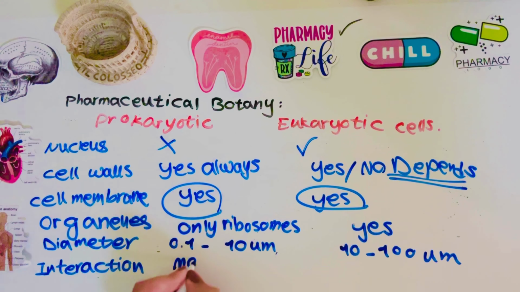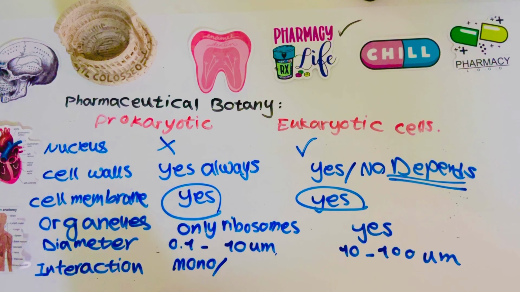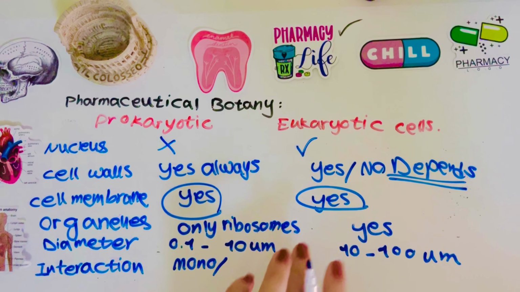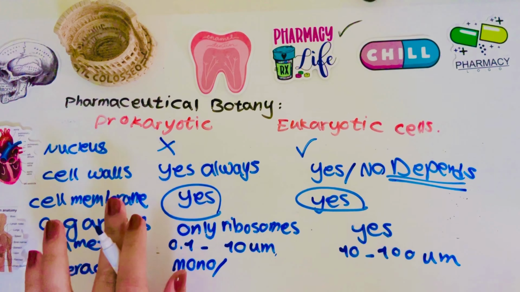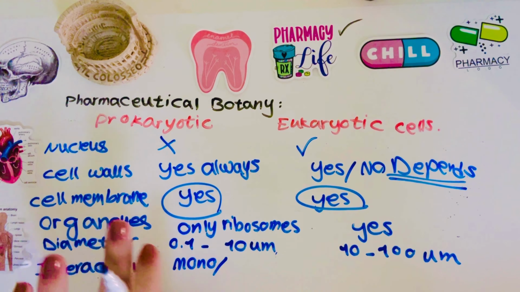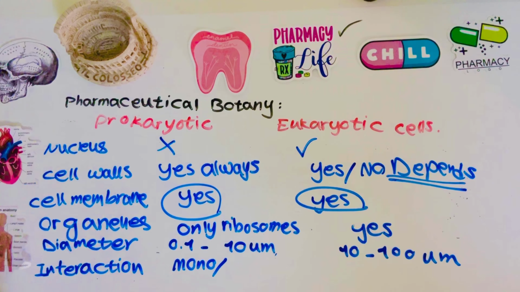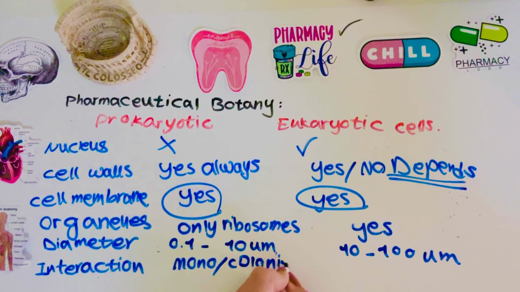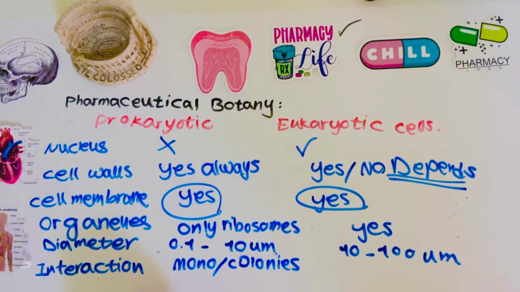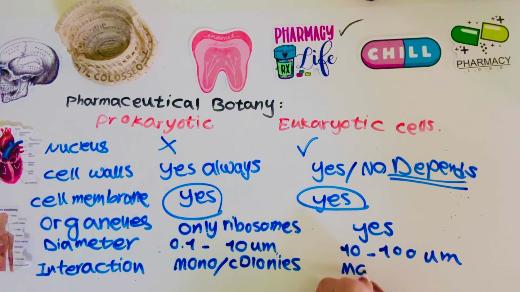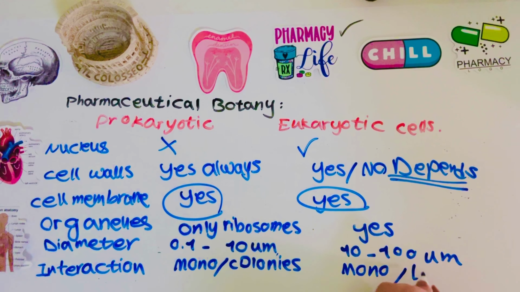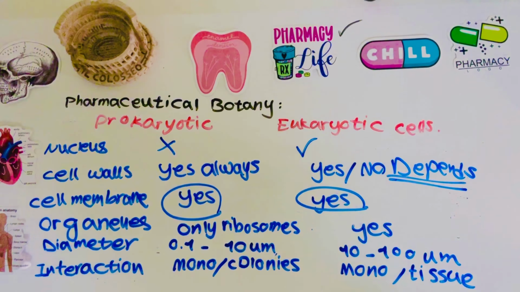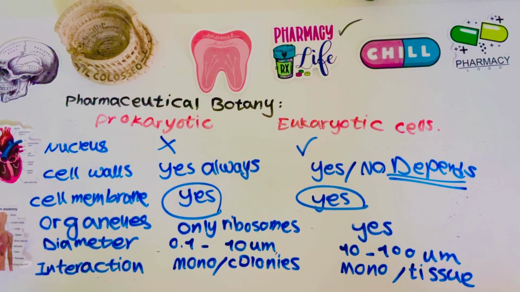Either they are living mono, like single cells, living on their own and doing all of the functions related to their life to stay alive, or they are living in colonies. But the eukaryotic ones also live as single cells, but also as tissue. Got it? So it's very important to remember these differences.